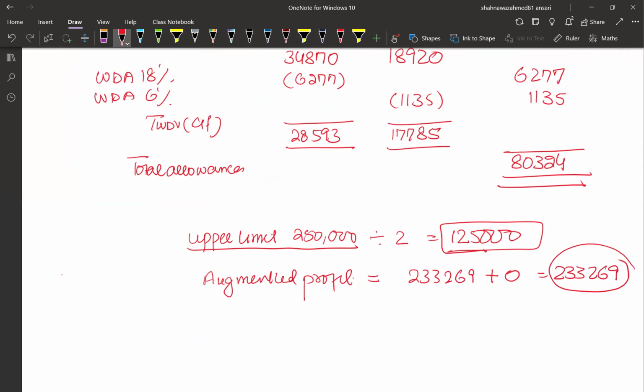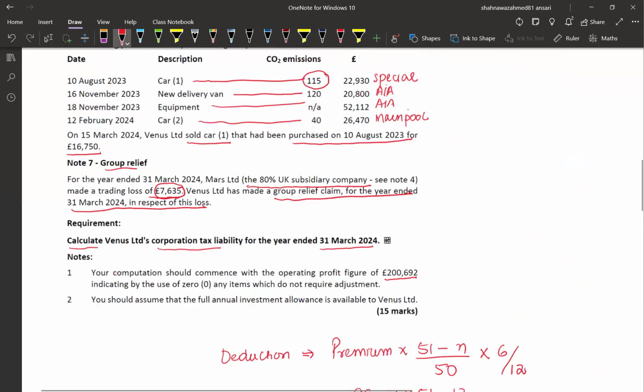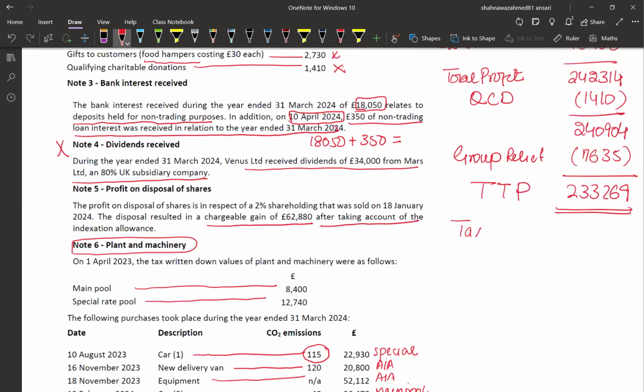As my augmented profit is greater than 1,25,000, so main rate of 25% is applicable. So as a result, the tax liability is 233,269 into 25%. That is tax liability. And as a result, answer is 58317.